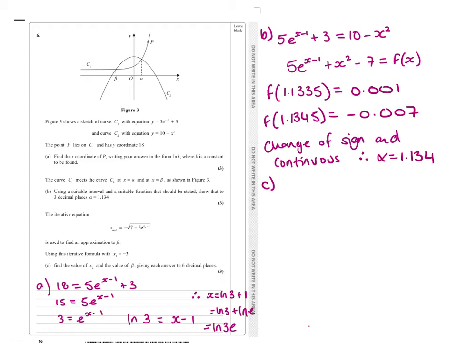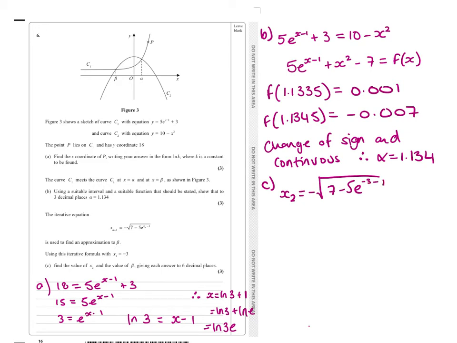So first of all, I'm going to put into my calculator minus 3, and then press equals because that's my answer. So to find x2, I need to have minus the square root of 7 minus 5e to the minus 3 minus 1.